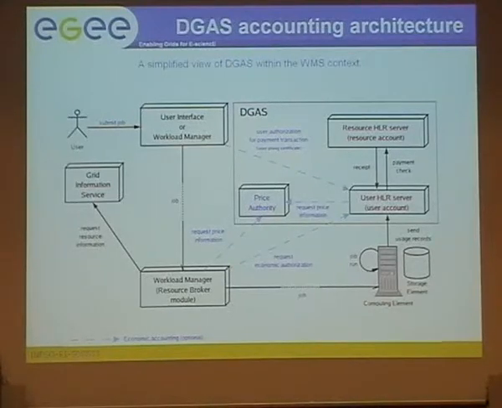Also, according to these parameters and other parameters about resources, a computational resource is chosen for the user job, and the job is physically submitted to the computing element that will execute that job. The job runs on a batch system, and the usage records are collected and then sent to the accounting servers. I will come back to the details later on.